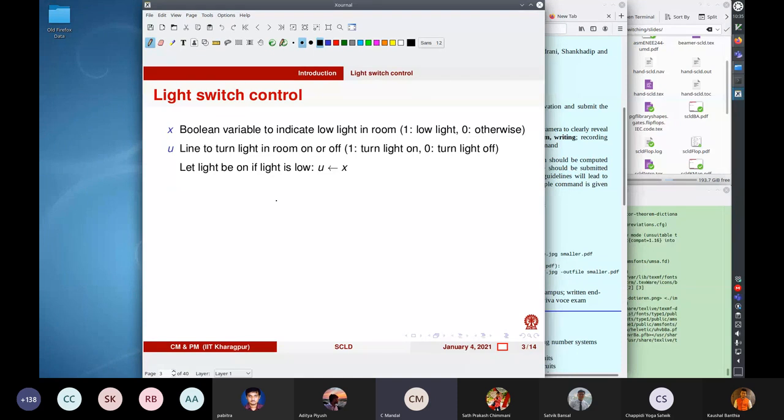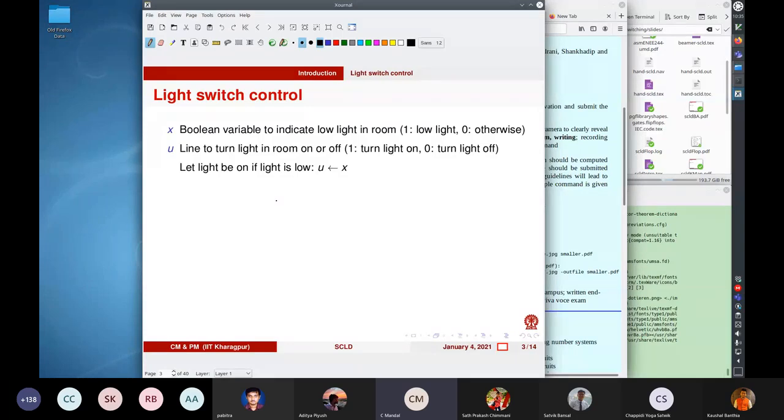You can do that by sensing the illumination level using a light sensor, and let us say that the sensor gives you a Boolean output.